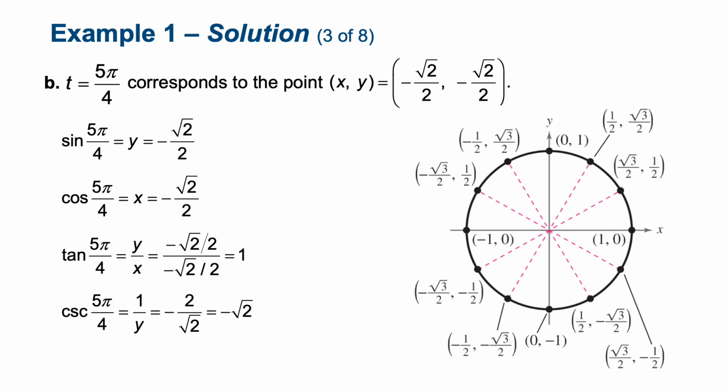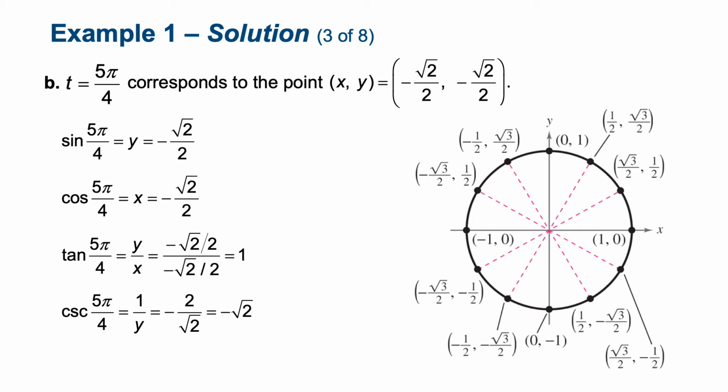5 pi over 4, where is that? That's down here, quadrant 1, 2, 3, right? So this is not the correct picture, but that's okay. 5 pi over 4 corresponds to the point over here in quadrant 3, and it's negative root 2 over 2, comma, negative root 2 over 2.